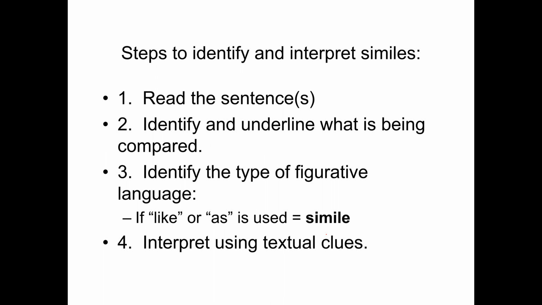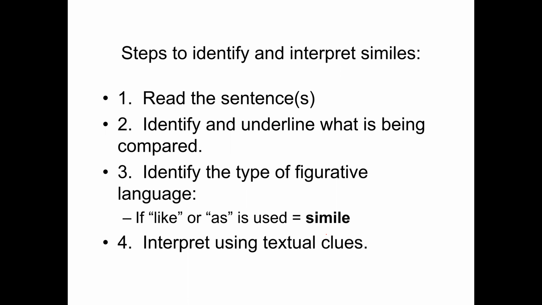It might not be simile, it might be metaphor. In order for it to be a simile, it has to have like or as in it. If it has like or as, and you are comparing two things, then it's a simile. And number four, interpret.